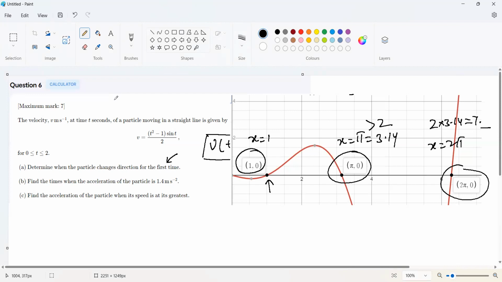So we do not need to go beyond 2. This is the ending point. So first time it becomes 0 at x is equal to 1.